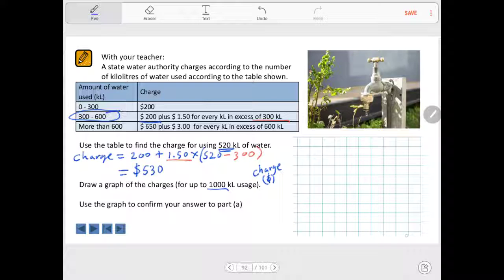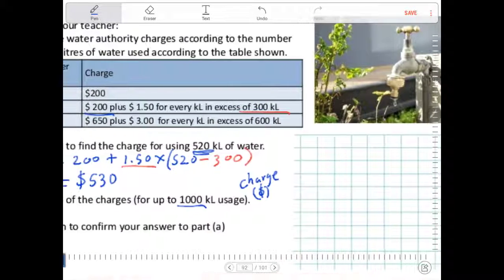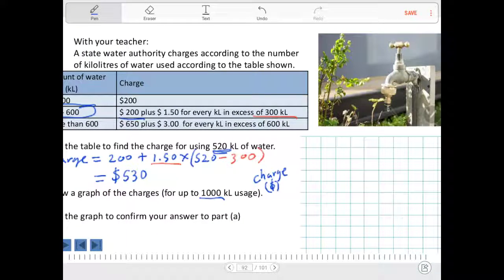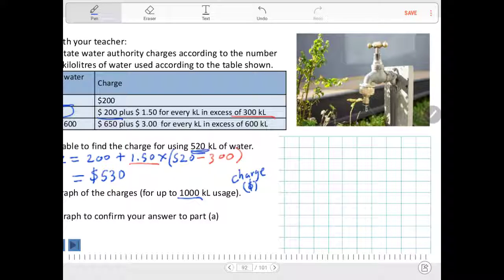And down here we've got the water. I might put the scale down there first and then put the label for the axis. Okay, so we need to go up to 1,000 kilolitres of water. That's going to go on the x-axis.